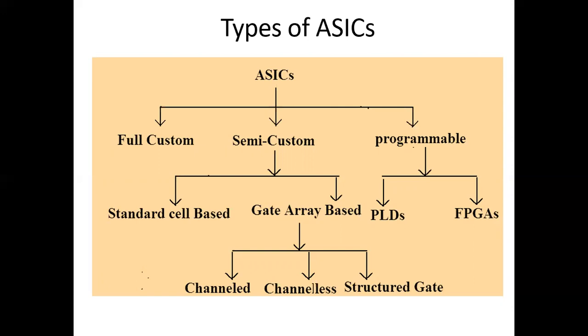Programmable devices are various types of PLD. Basically, combinational type PLD, and FPGA, field programmable gate array, which is a sequential type PLD. Again, this is part of the gate array based ASIC. Semi custom gate array based ASIC is also an FPGA.